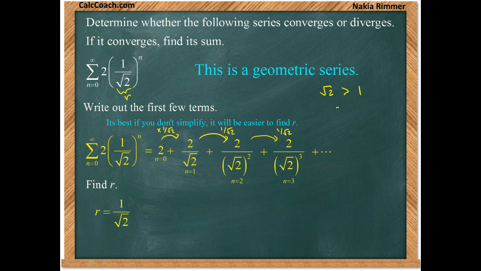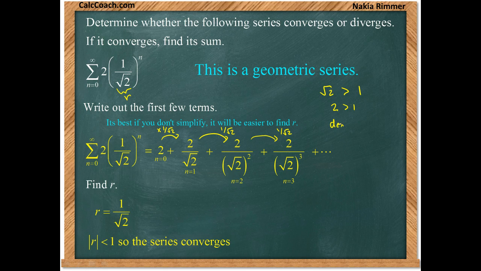If you square both sides, since 2 is more than 1, then root 2 is more than 1. And so because we have a denominator that is greater than our numerator, the value of r in absolute value is less than 1.